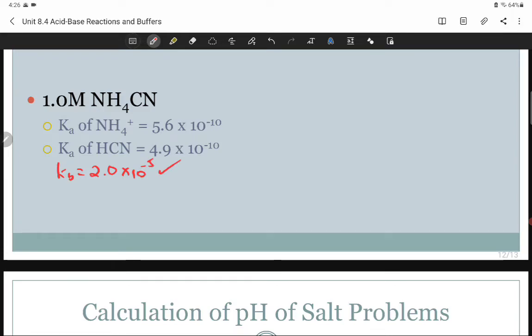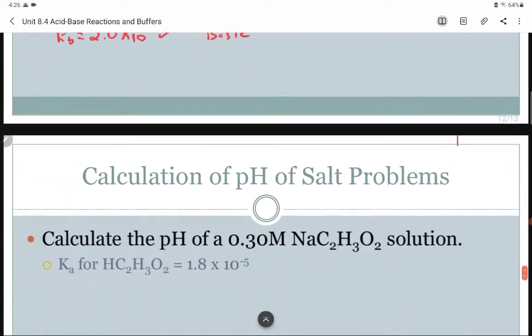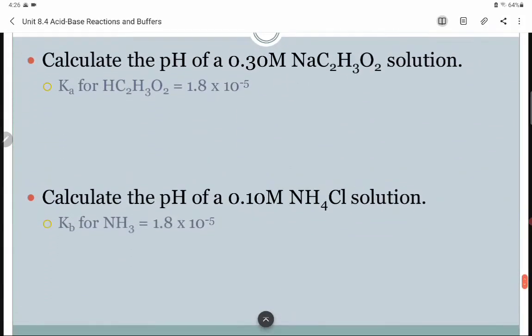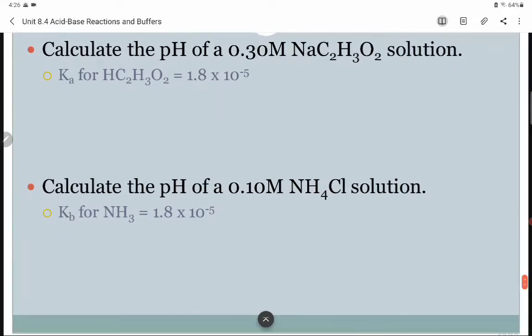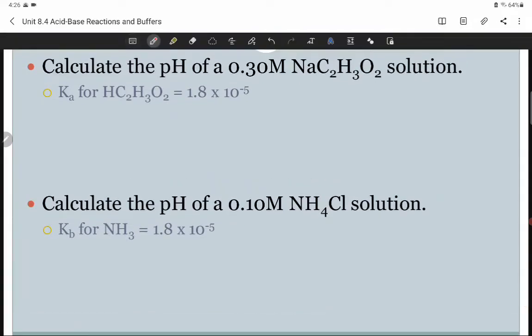Well, the Kb is much bigger, so it's going to produce more hydroxide than the Ka is going to produce hydronium. So this is going to be basic. We're not prepared to mathematically figure the pH of those out. We can do these ones though, when there's only one component that impacts the pH.